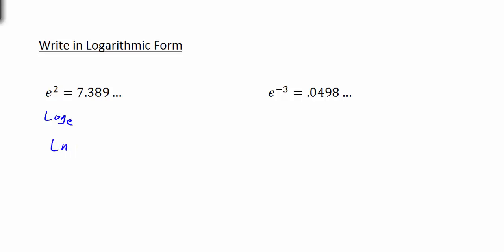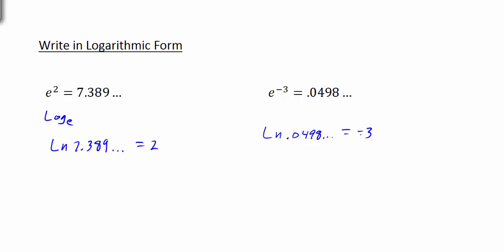So it's ln of 7.389 is equal to the exponent of 2. And in the next example, we have e to the negative 3. Again, we have a base of e, so that means we would have the ln of our number here, which is 0.0498, and that'll be equal to the exponent negative 3.